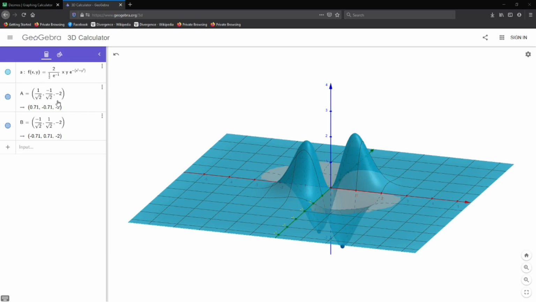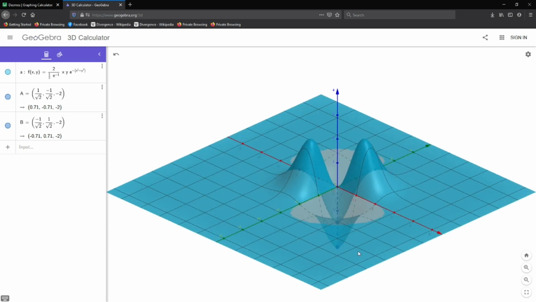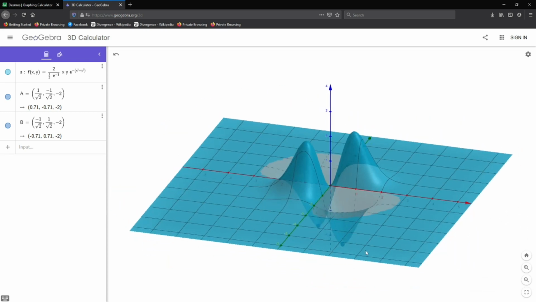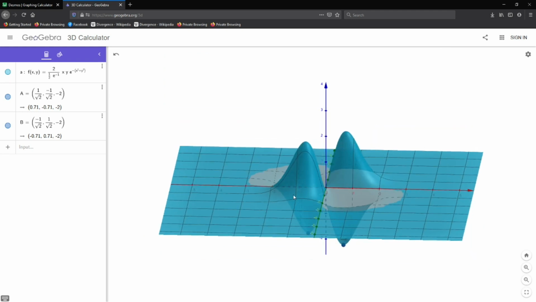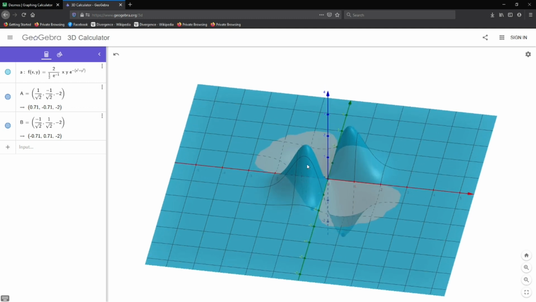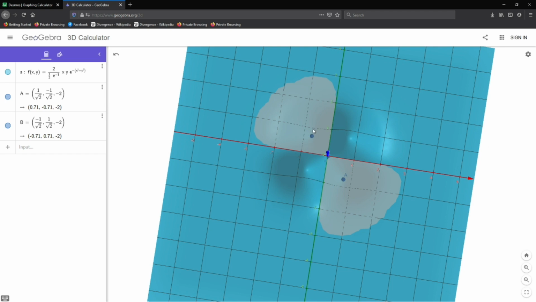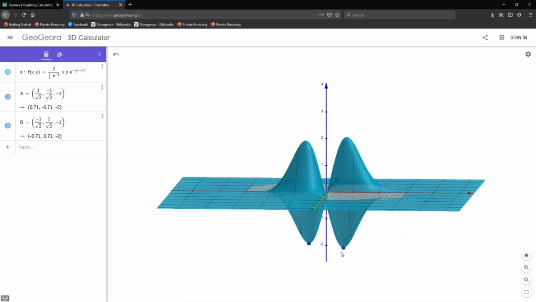And I'm not going to go through and calculate these zeros. It's a good exercise to go through and do. But this is just a 3D plot showing and verifying for you that (L, L) right here is the local max, and (-L, L) is a local min right here, and (L, -L) is also a local min.